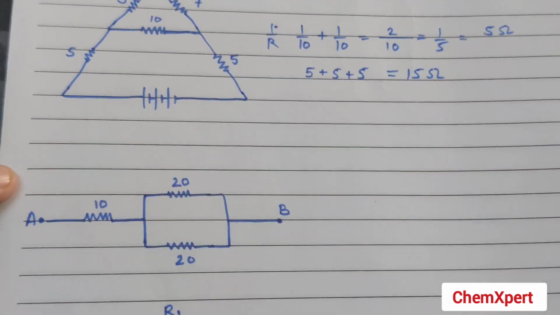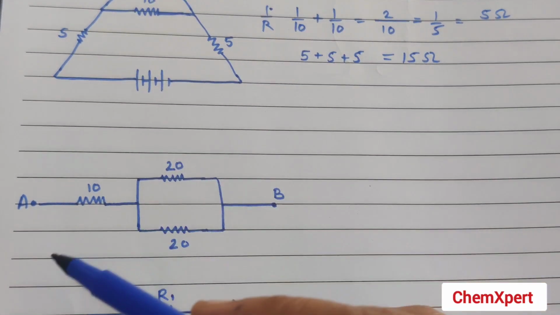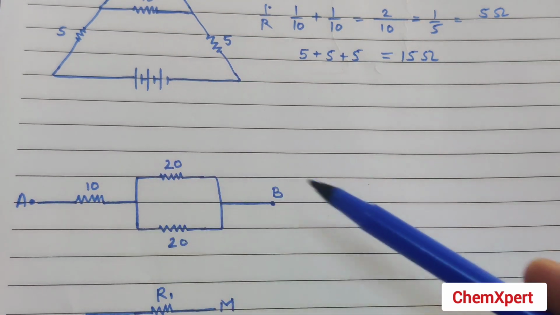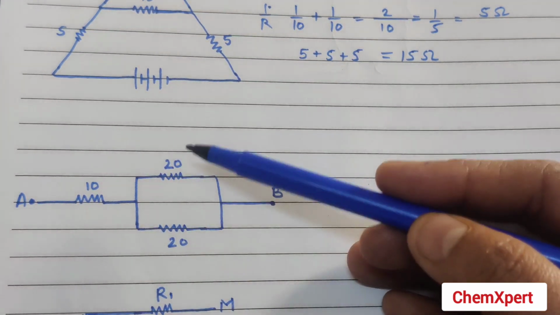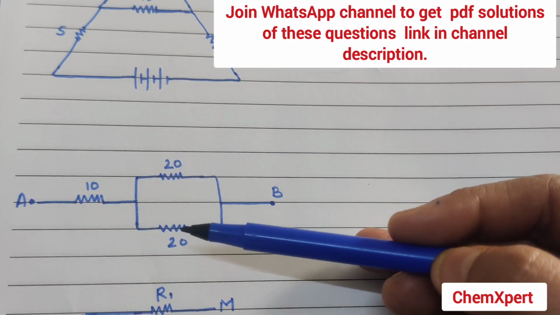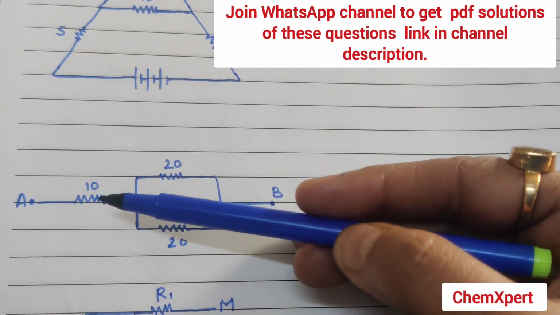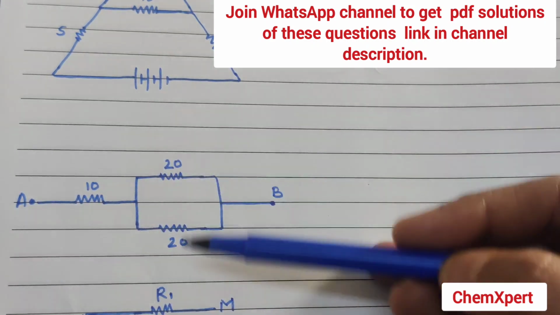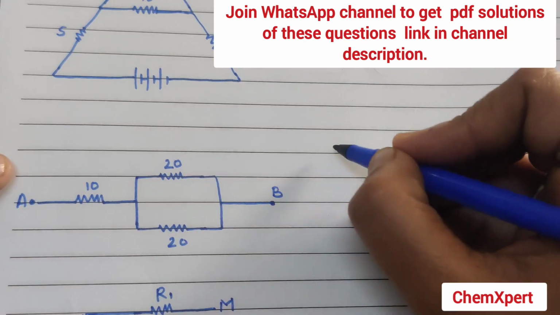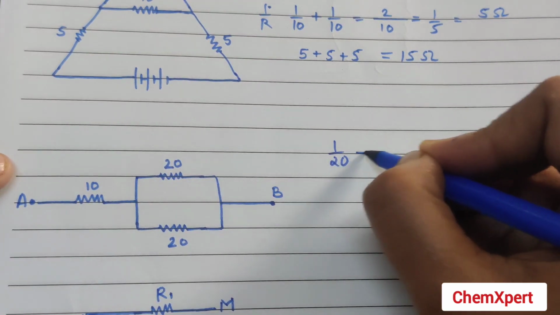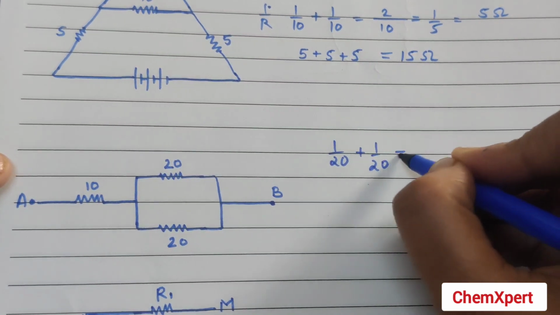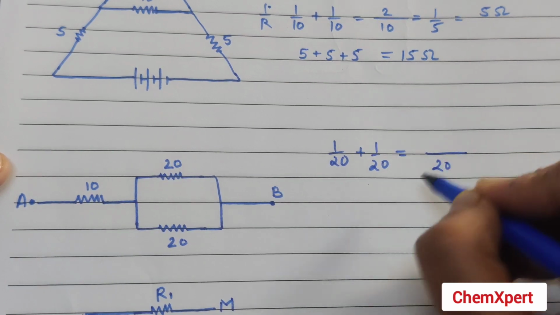Now the next question, where we have to find the equivalent resistance between the points A and B. Here these 20 ohms are in parallel with each other and then in series with this 10 ohm. So first of all we will solve this parallel. For the parallel we write 1 upon 20 plus 1 upon 20, LCM will be 20.